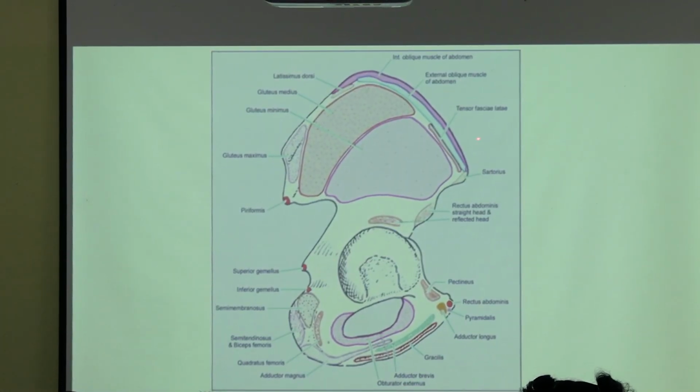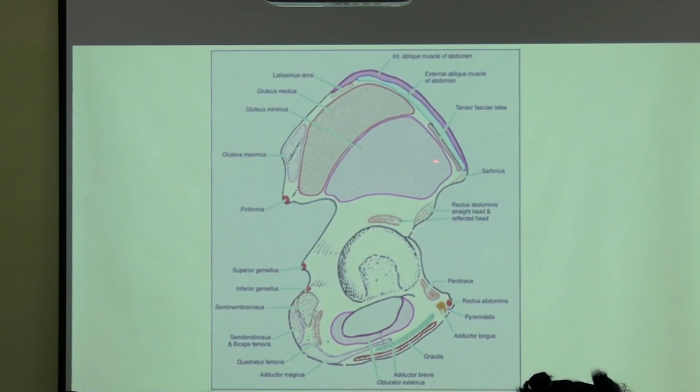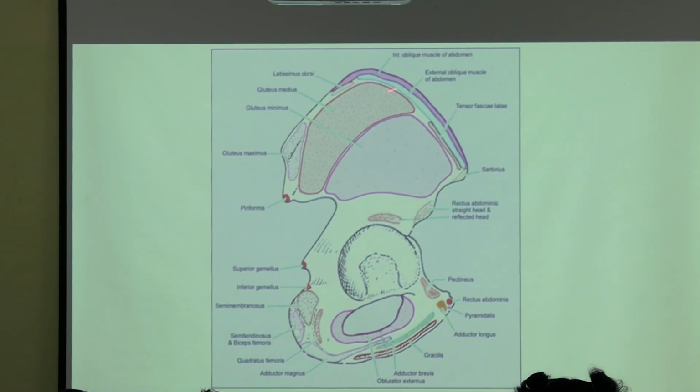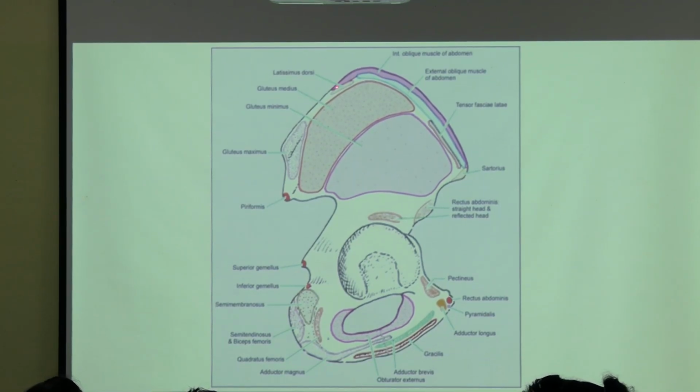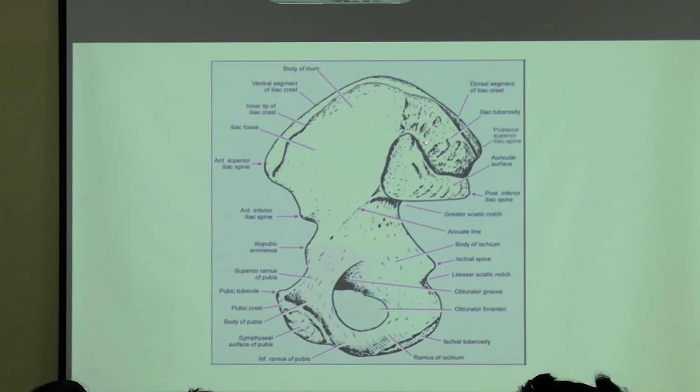See here, this is the tensor fasciae latae muscle, this is the external oblique, and this is the latissimus dorsi muscle. And this is mainly the iliac fossa, meaning posterior, meaning inner surface.